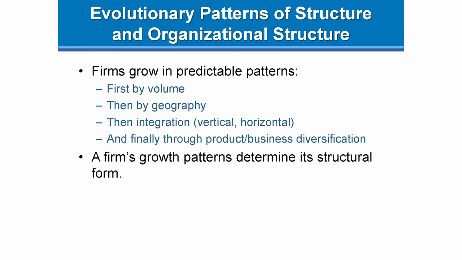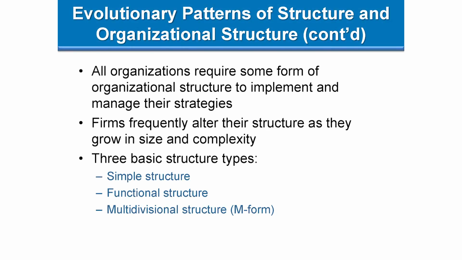If a firm efficiently implements the strategy on the basis of a simple structure, it influences the next structure, the functional structure, and its related strategies. If the firm efficiently implements the next level strategies on the functional structure, these influence the next level organizational structure, the multi-divisional structure, the so-called M-form structure.